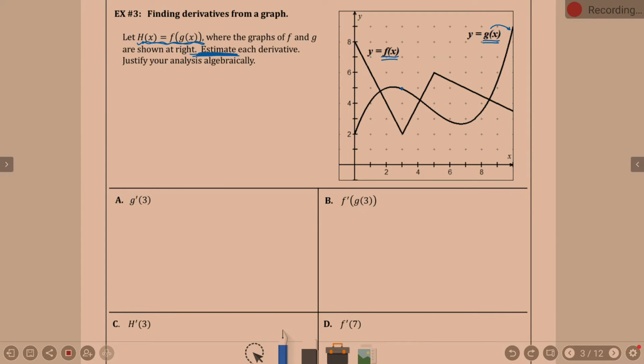There's where the point G of 3 is. Is that what they asked me for, though? We need the slope of the tangent line at that point. Okay? So this goes back to first chapter, first unit, where you're drawing in that tangent line estimated, okay? Again, I don't feel like you see that so much on AP, but we're trying to draw in a tangent line.